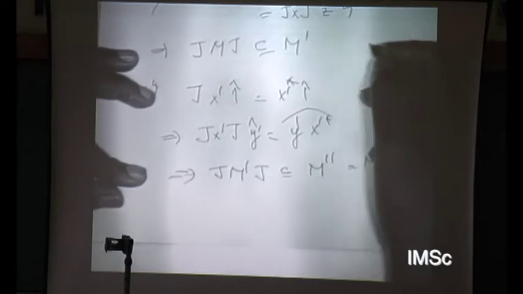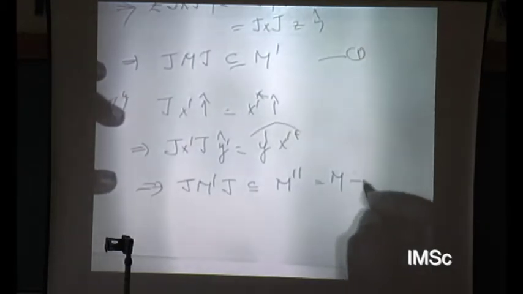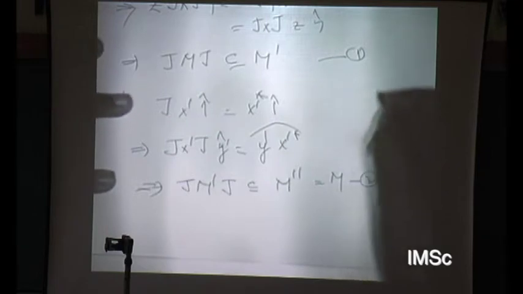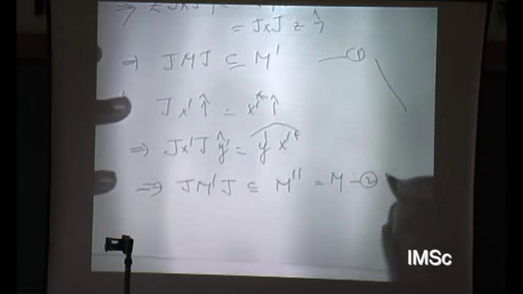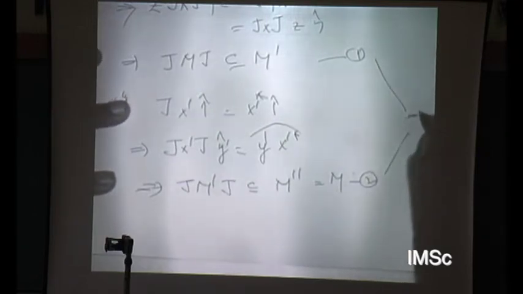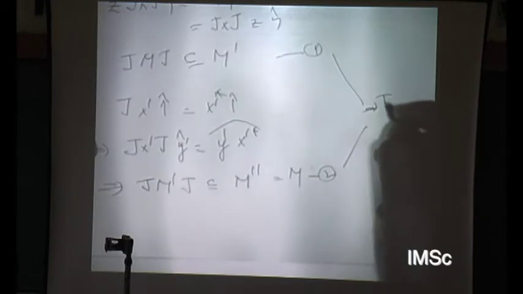So finally, these two inclusions together will imply that J M J is M prime.